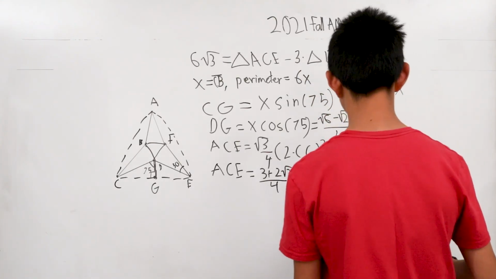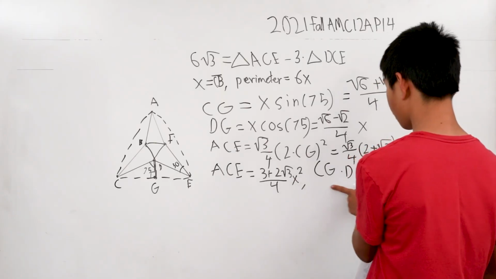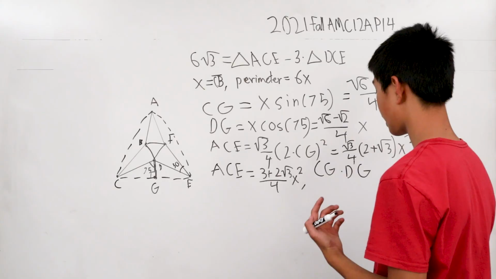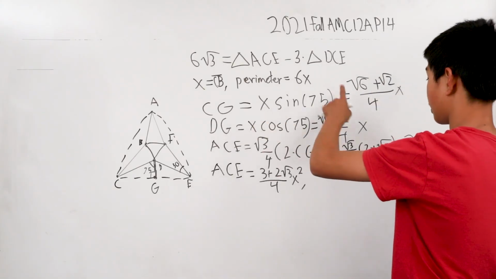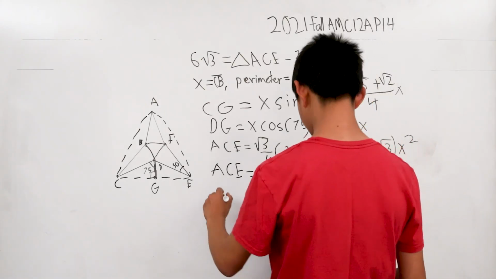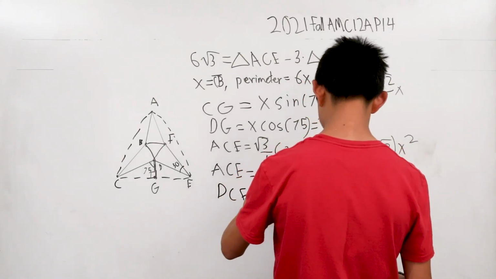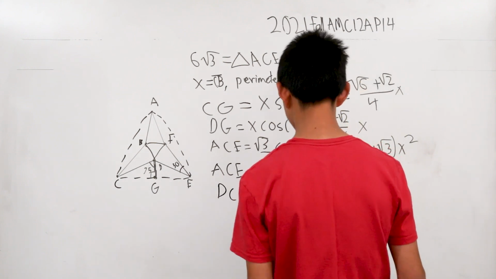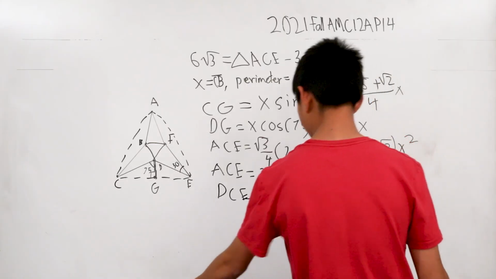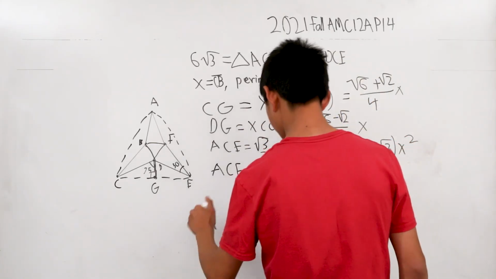When you plug these values in from the two equations we have before, we simply get that DCE is x squared over 4. So now we have our two areas we want to find.